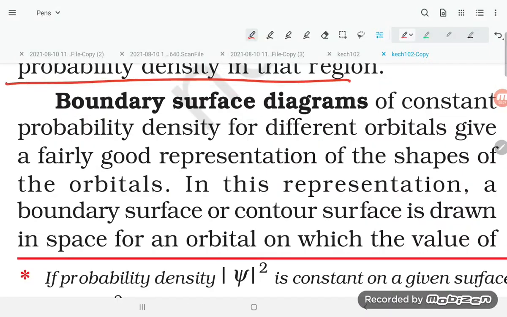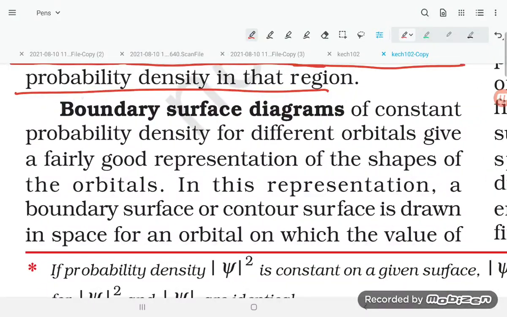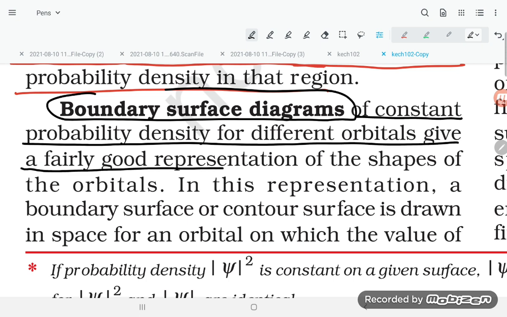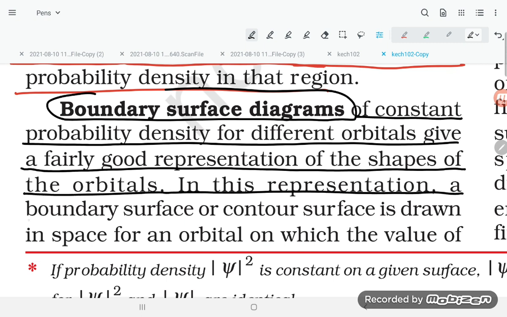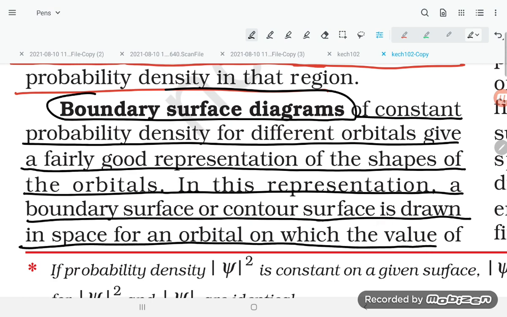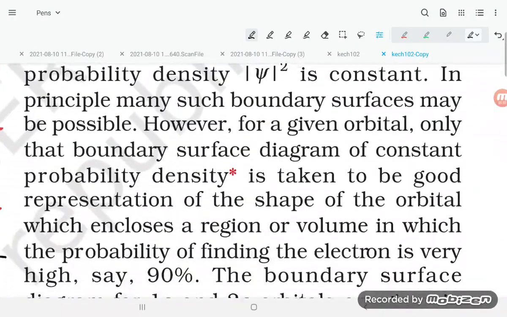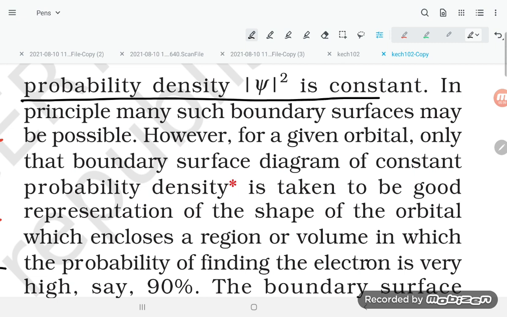Now the boundary surface diagram. Let's try to understand it. What is a boundary surface diagram? Boundary surface diagrams of constant probability density for different orbitals give a fairly good representation of the shape of the orbitals. In this representation, a boundary surface or contour surface is drawn in space for an orbital on which the value of probability density psi square is constant.